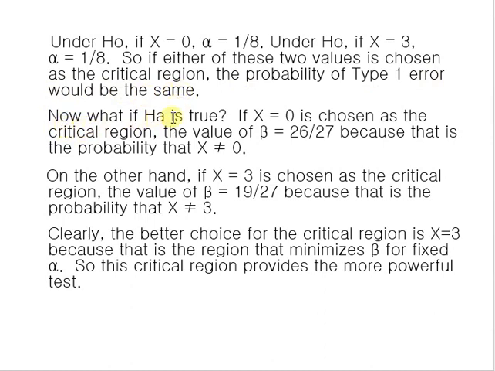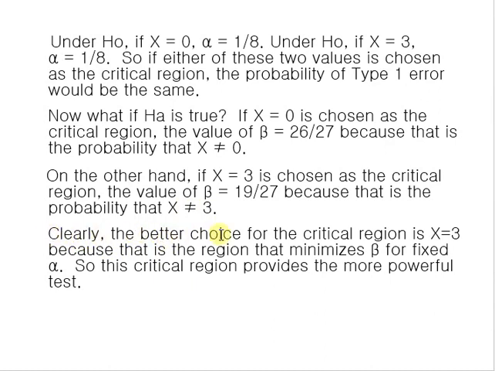Now what if H alternative is true? If X is 0 is chosen as the critical region, the value of beta is 26 per 27, because that is the probability that X not equal 0. On the other hand, if X is 3 is chosen as the critical region, the value of beta is 19 per 27, because that is the probability that X not equal 3.